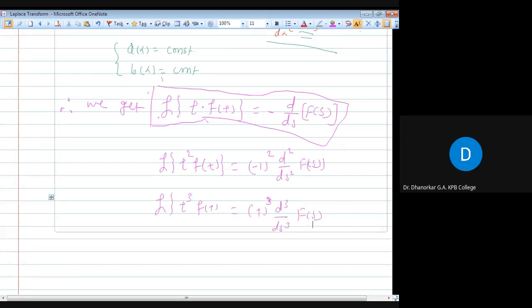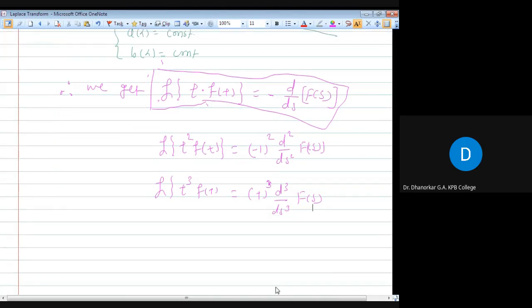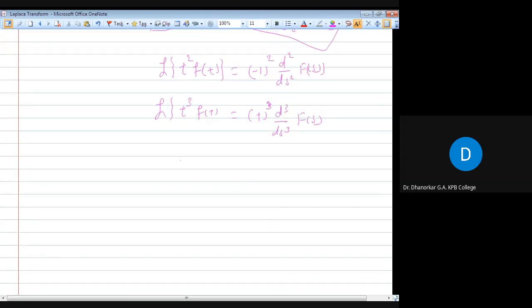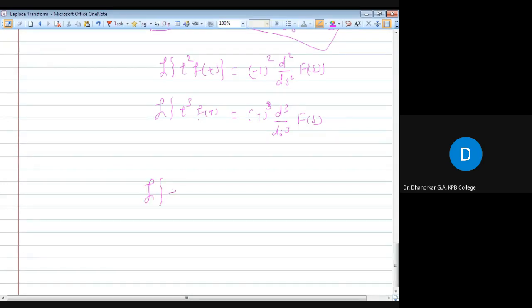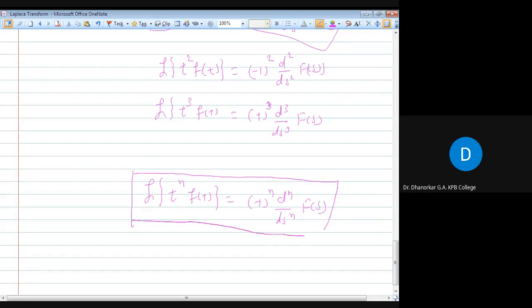In general, you can take any n: the Laplace transform of t raised to power n into f of t is equal to minus 1 raised to n into d n by ds n, the nth derivative, of this function. This is our result. You can use this result for any n, and you get it.